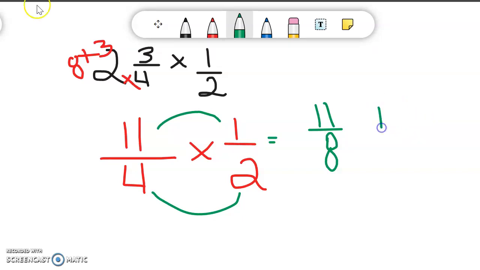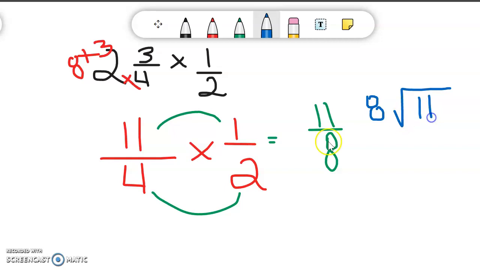So 8 is my denominator, so 8 is the divisor, and it goes outside of the division symbol. 11 is the numerator, so it's the dividend, and it goes underneath the division symbol. Then I have to ask myself, how many 8s are in 11? Well, that's easy. There's only one 8 in 11. 8 times 1 is 8. And when I subtract, I have 3 remaining.